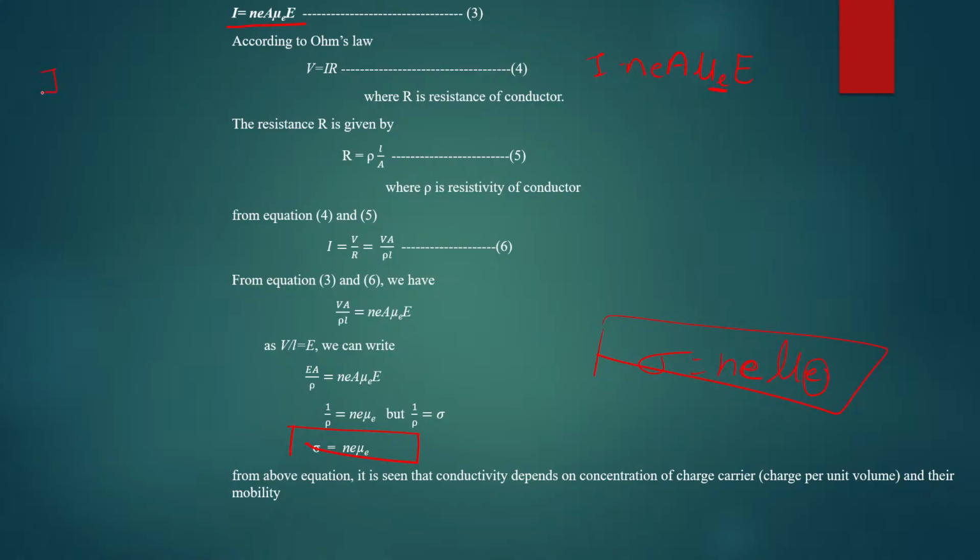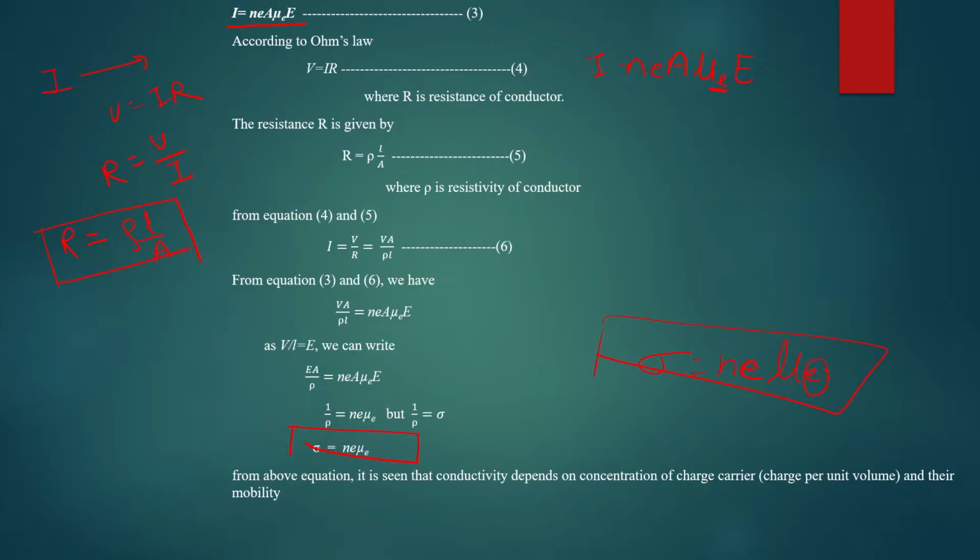Then, when you are finding the I value, apply Ohm's law directly. V is equal to I R. Then what is the value of R? V by I. Simple. But the resistance, as you know, is nothing but rho L by A. This formula we have studied many times, in the 10th, 12th, or even the 7th and 8th class.